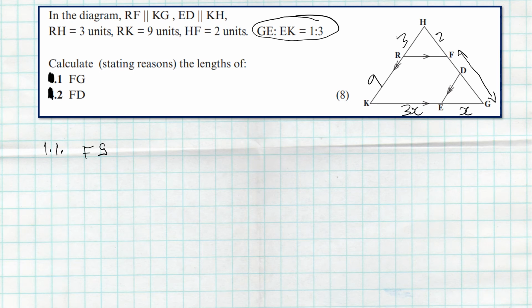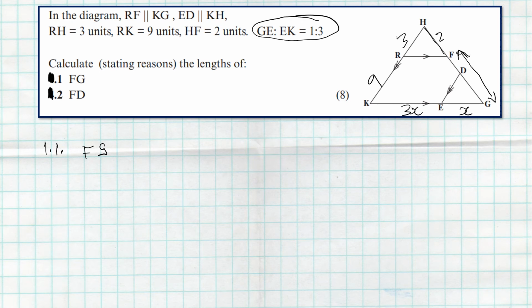Okay, so if you check here, we have many triangles actually. You must know which one you're going to use, right? Your FG is this length here.